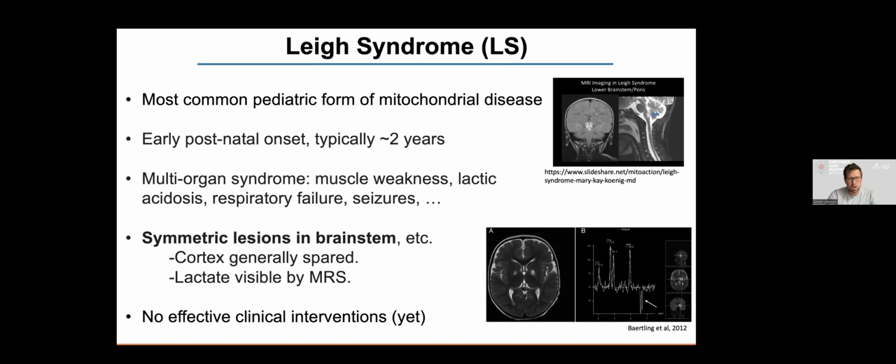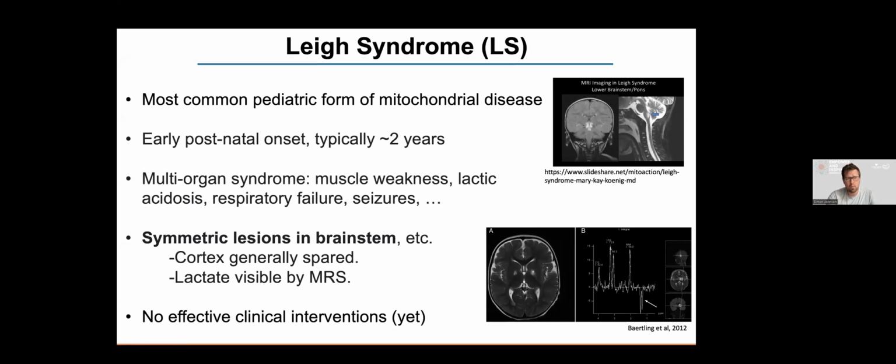We work in a lot of models, but the one I'm going to talk about today, the one we spend most of our time in, is Leigh syndrome. This is, as you've heard through multiple talks today, the most common pediatric form of mitochondrial disease. It's early onset, typically around 2 years of age. It's a multi-organ syndrome. It includes muscle weakness, lactic acidosis, respiratory failure, seizures, and a lot of other symptoms.